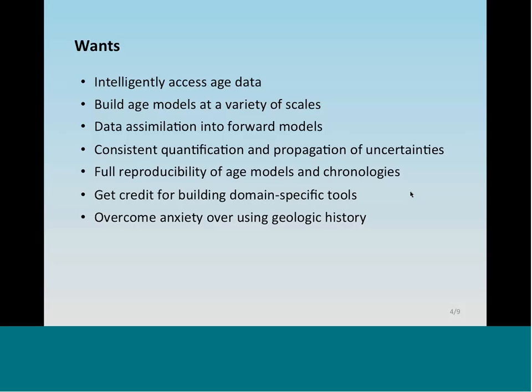First, we definitely want to be able to intelligently access age data. We want to find it easily, and we want to be able to understand exactly what's being communicated when we access that data. We want to be able to build age models at a variety of scales. We want to be able to incorporate not just data that we've measured ourselves, but data that are available more broadly. We want to be able to assimilate data into forward models.